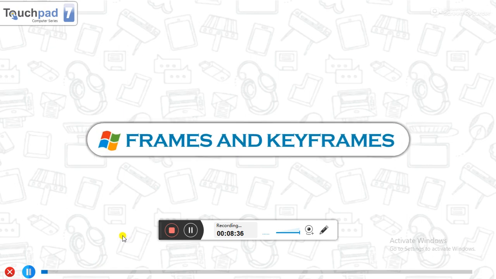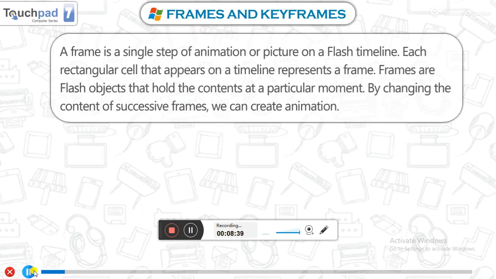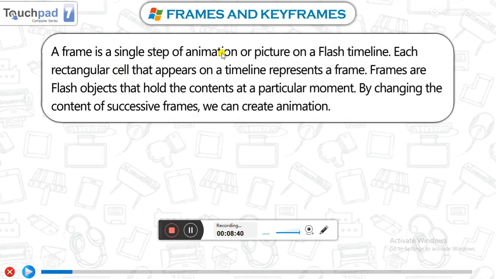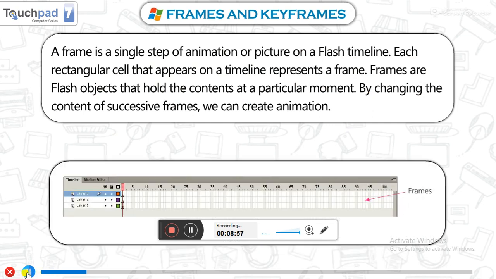A frame is a single step of animation or picture on the Flash timeline. Each rectangular cell that appears on a timeline represents a frame. You can see this, I am going to show you. From here, one small block or cell in white color, this is your frame.